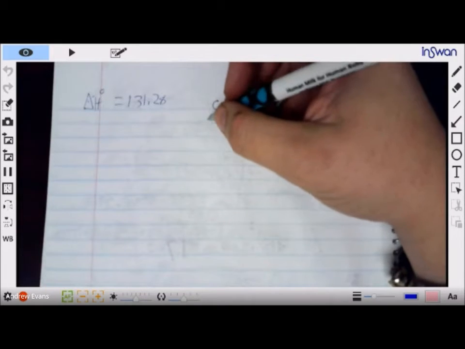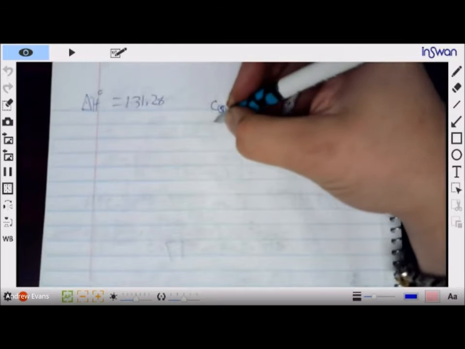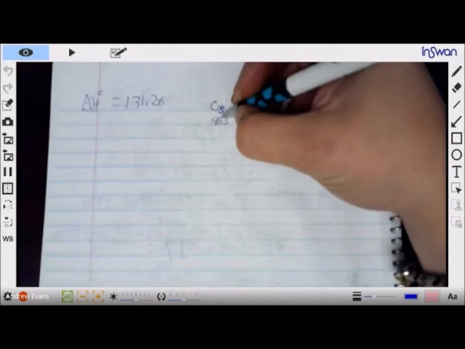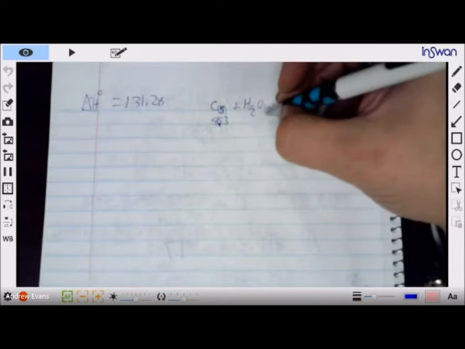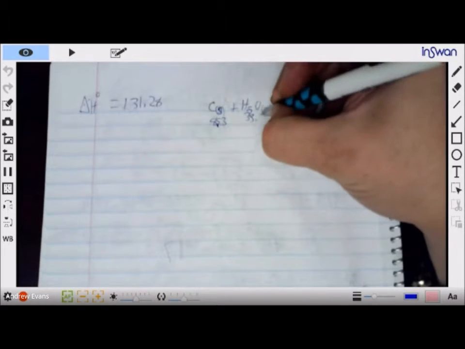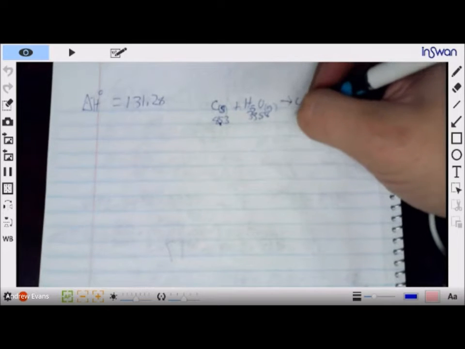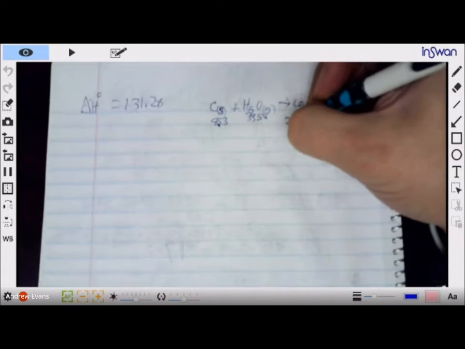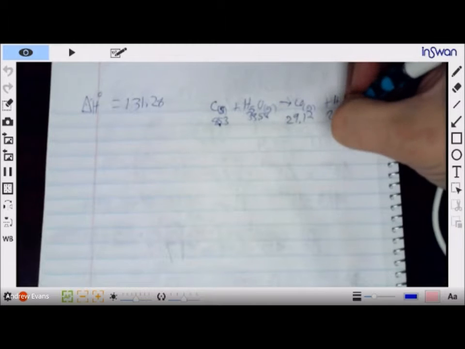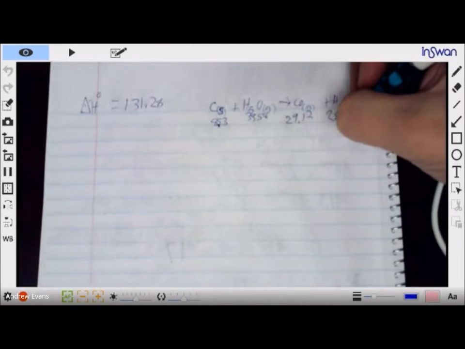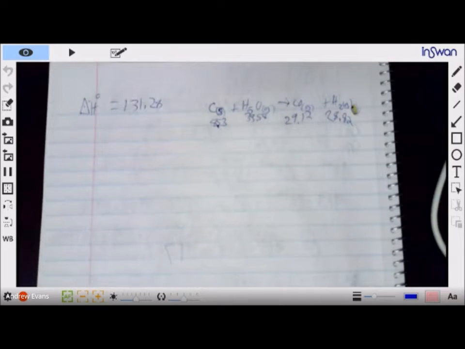The C sub P sub M is 8.53, 33.58, 29.12, and 28.82 for graphite, water, CO, and H2 respectively. Calculate the delta H reaction at 240 degrees C with this information. Assume the heat capacities are independent of temperature.